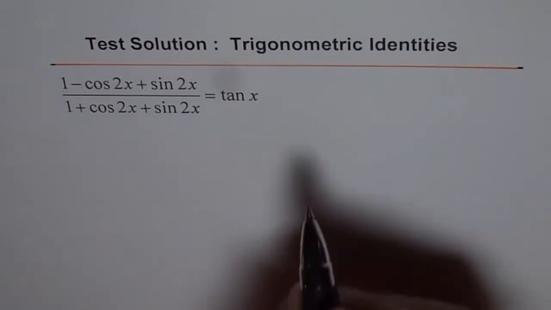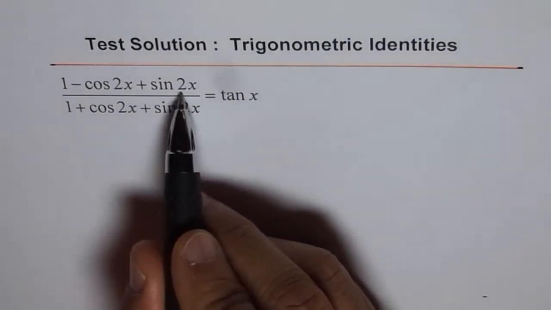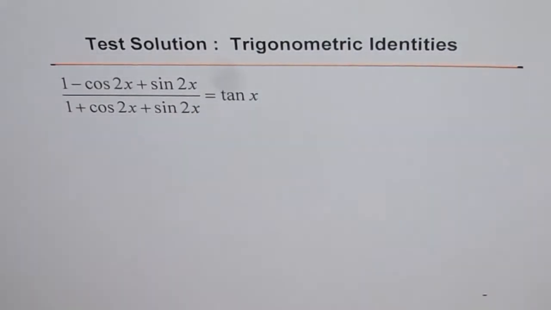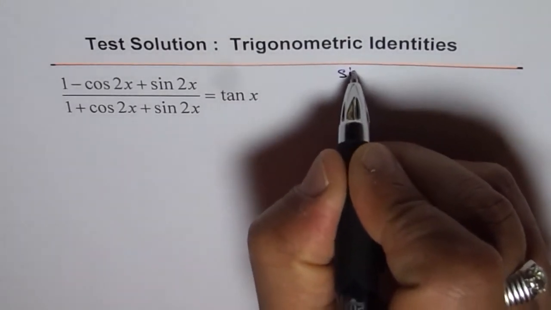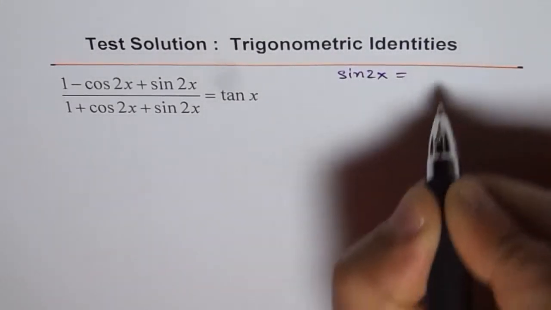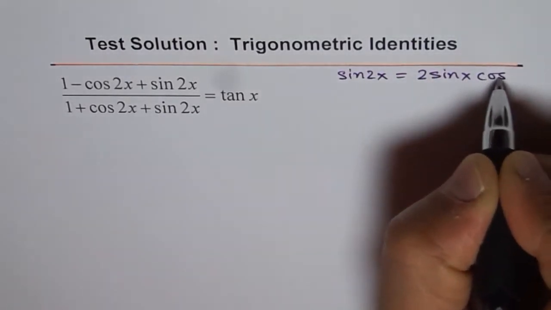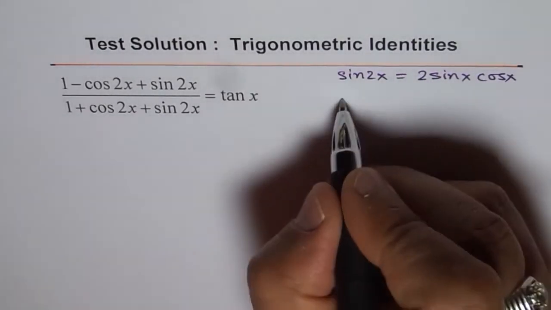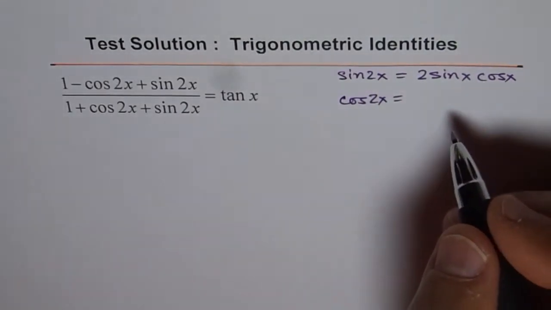So let me tell you the sine (a plus b) formula, and let me just give you straight what is sine 2x. In general, sine 2x is equal to 2 sine x cos x, and cos 2x can be written in 3 different ways.